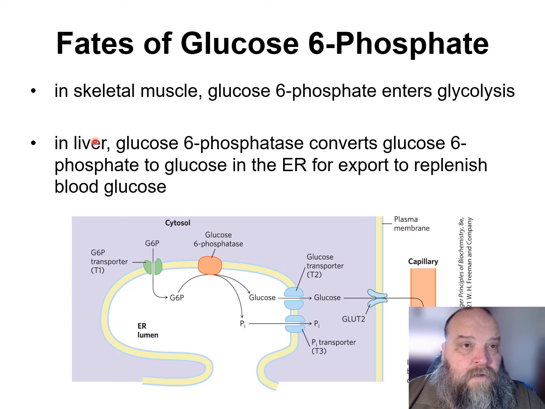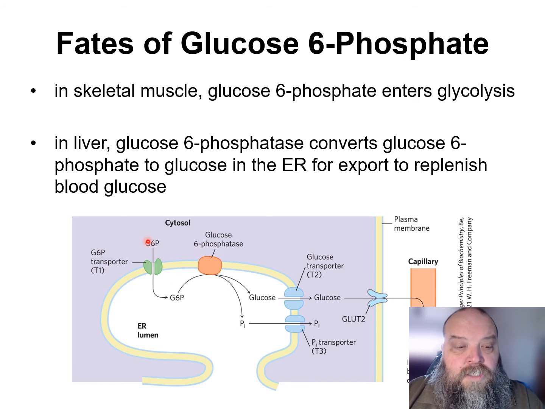If it's the liver, because remember the liver has the highest glycogen stores, well, G6P is going to be converted straight into glucose, going to get rid of that inorganic phosphate. And then that glucose is going to be transferred into the bloodstream.